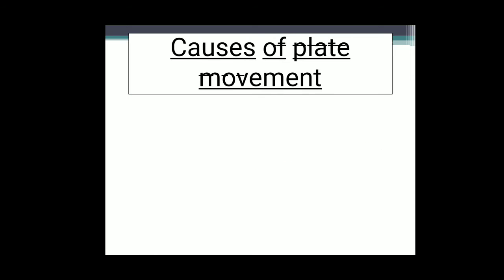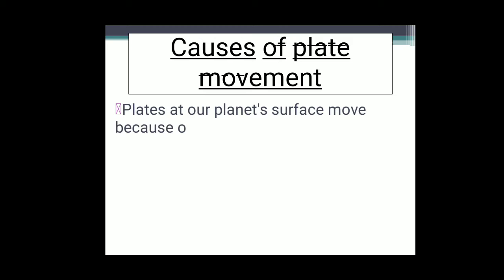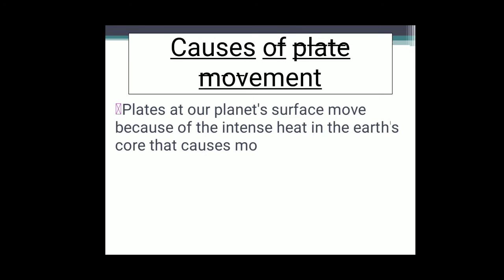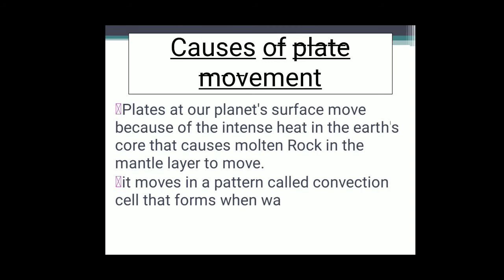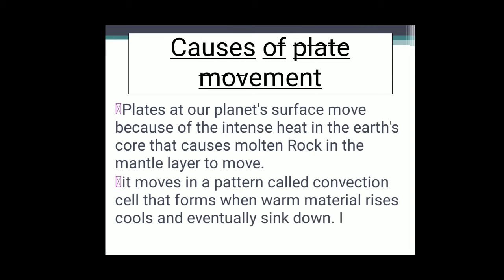Causes of plate movement. Plates at our planet's surface move because of the intense heat in the Earth's core that causes molten rock in the mantle layer to move. It moves in a pattern called a convection cell that forms when warm material rises, cools, and eventually sinks down.